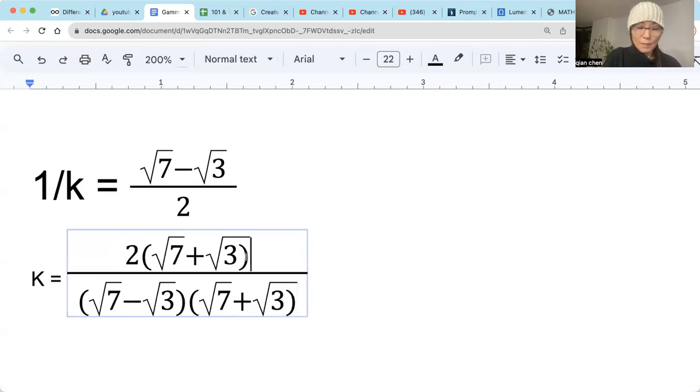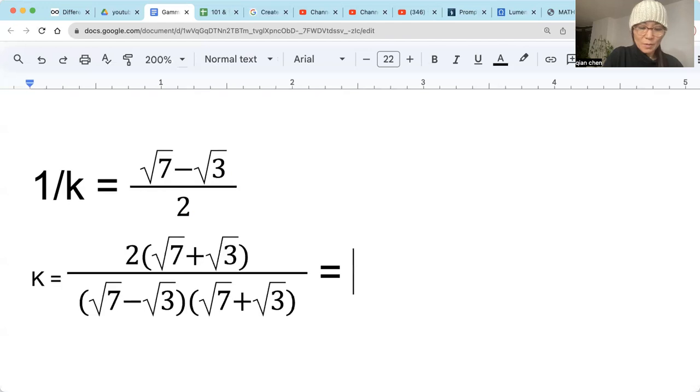And this parentheses, I want to be outside. Same thing for this, I want this parentheses to be outside. So again, the denominator becomes square root of 7 squared minus square root of 3 squared, which is 7 minus 3, which is 4.